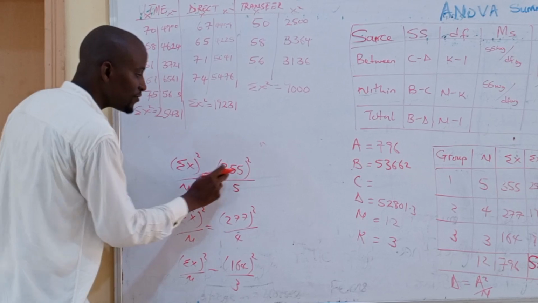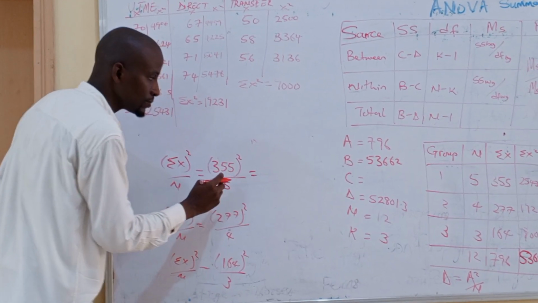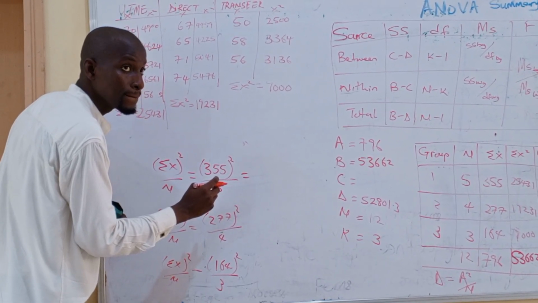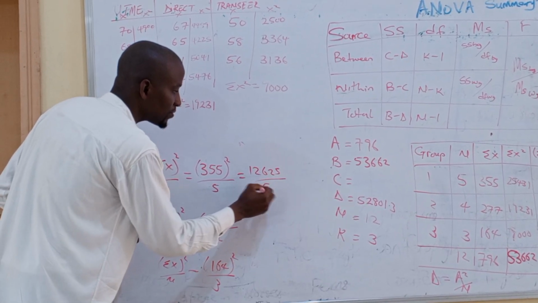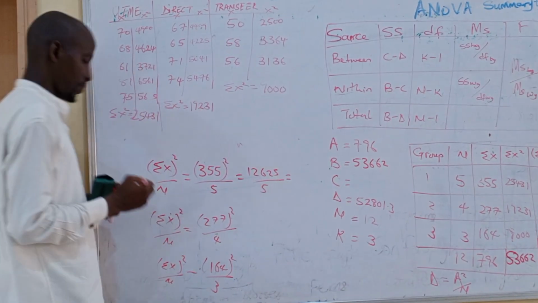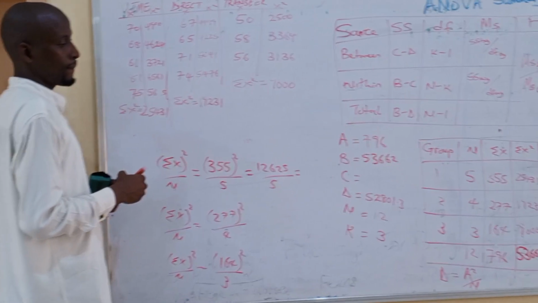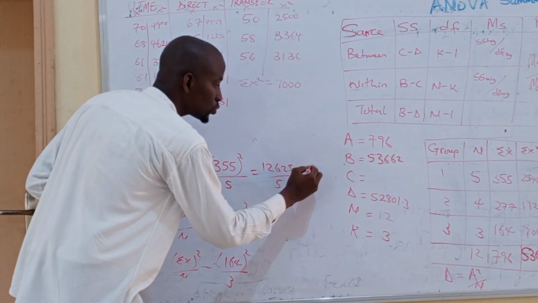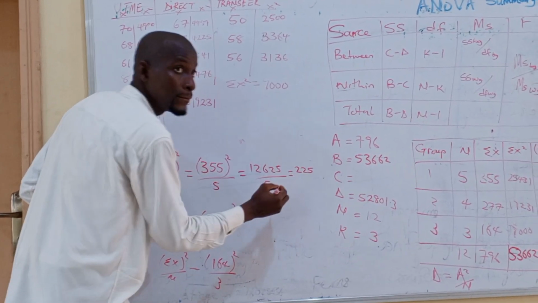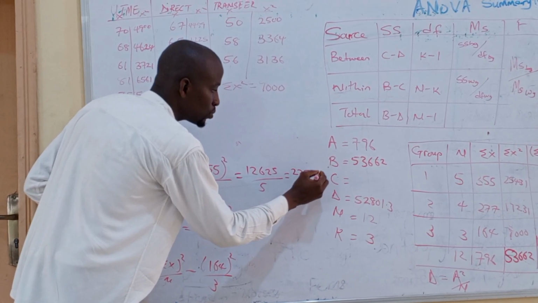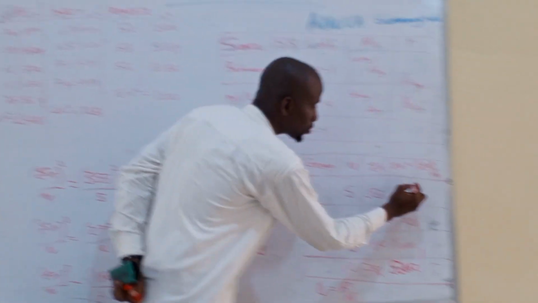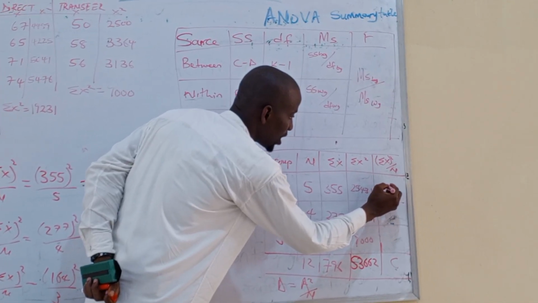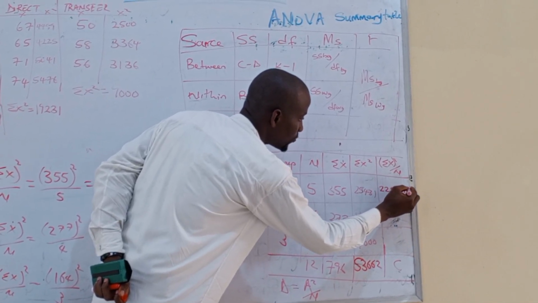So 355 squared will give us 126025. 126025 divided by 5 will give us 25205. So we replace that here with 25205.